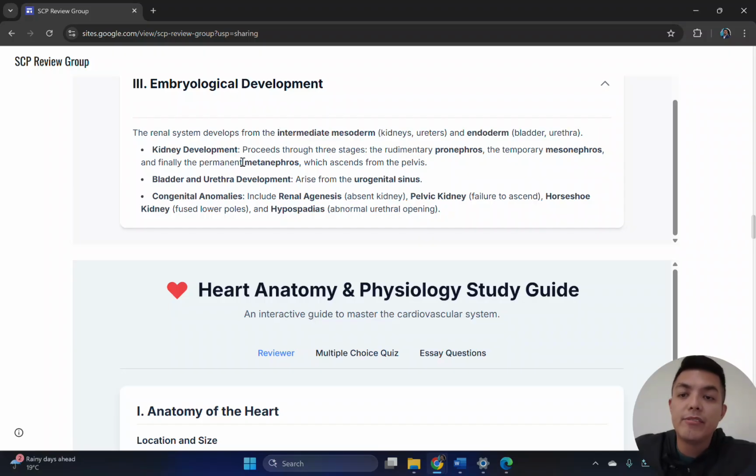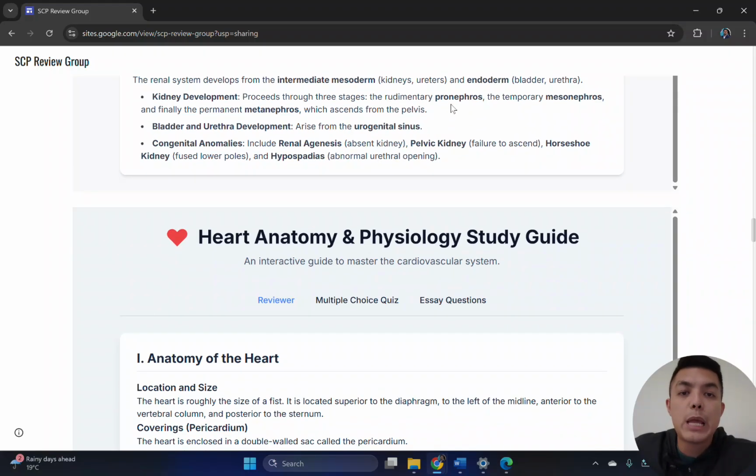Kidney development proceeds through 3 stages: the rudimentary pronephros, the temporary mesonephros, and finally the permanent metanephros, which ascends from the pelvis.